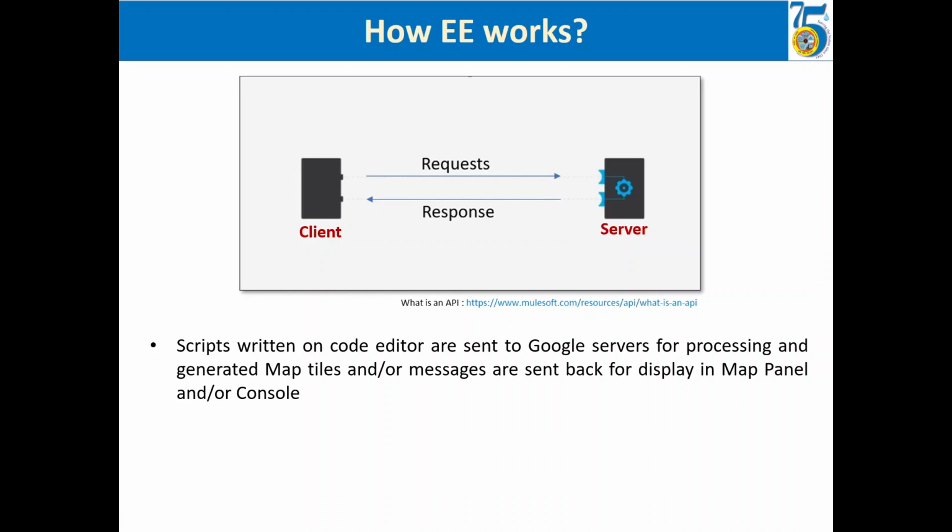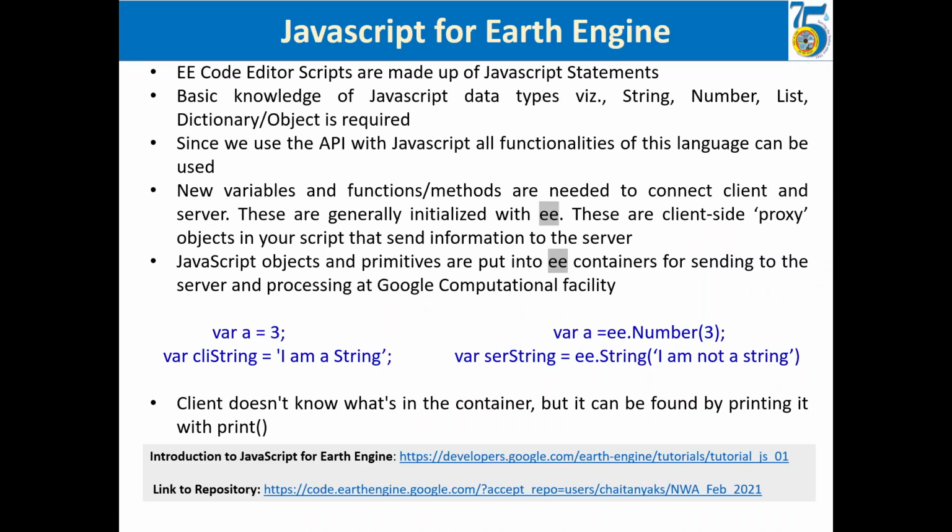Now the programming language part, JavaScript for Earth Engine. The scripts of the Earth Engine code editor are made up of JavaScript statements. JavaScript is an object-oriented programming language. You need not have good knowledge of JavaScript for using Google Earth Engine.